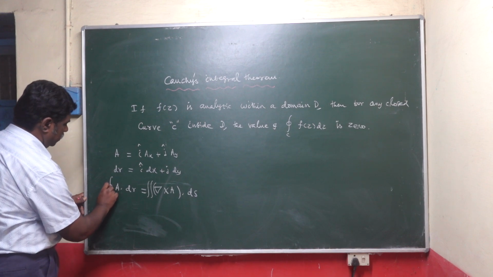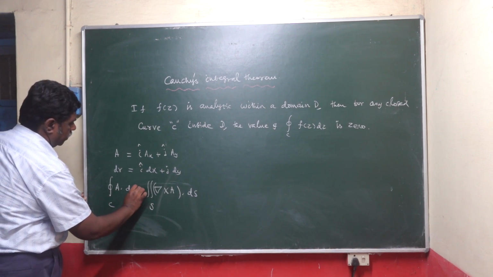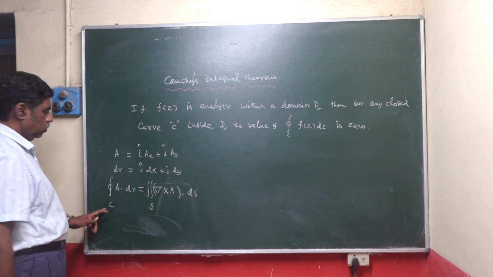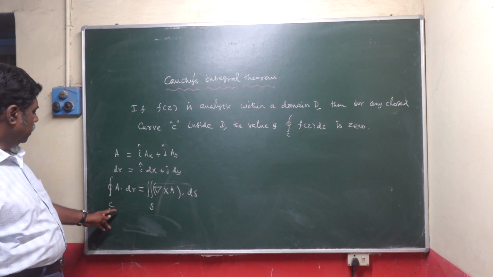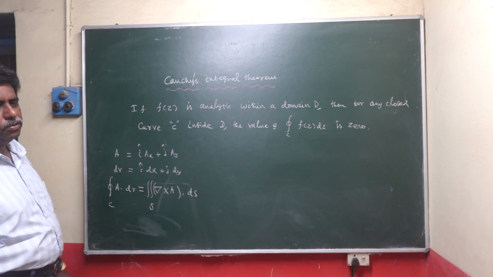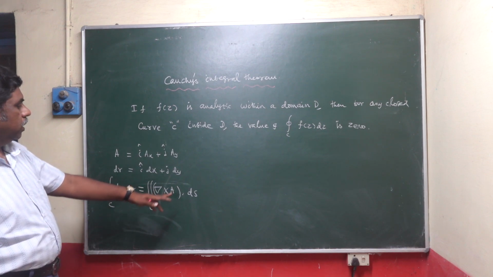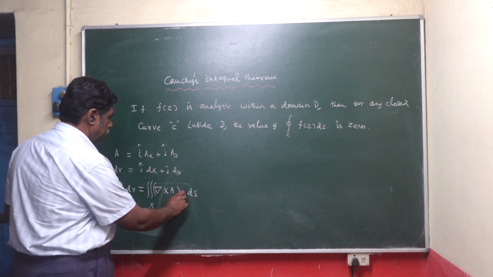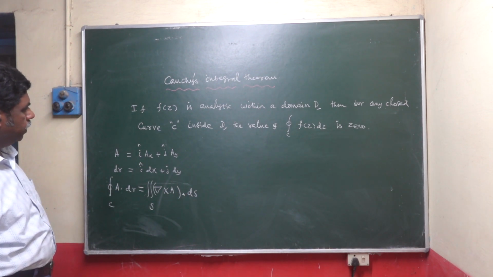This is C, here we have to put S. C is the closed curve, S is the surface developed by this closed curve C. This closed curve is present inside the domain. A dot dr equal to curl A dot dS. Now we have to find out the value of A dot dr.